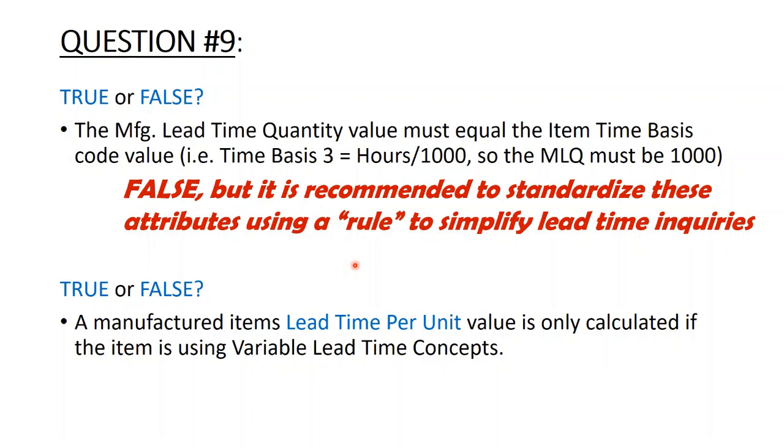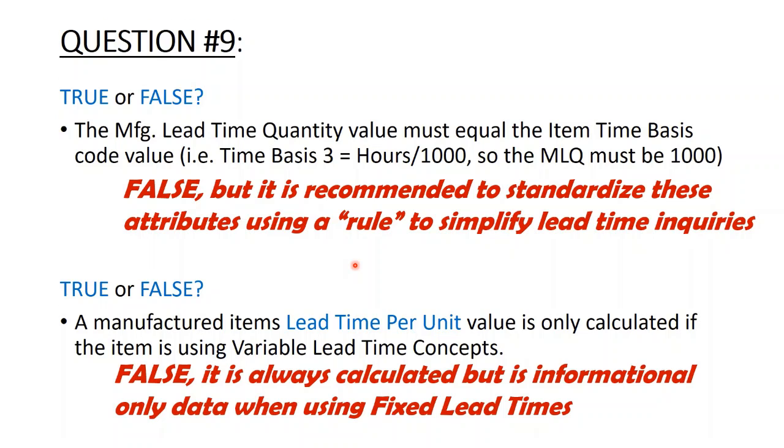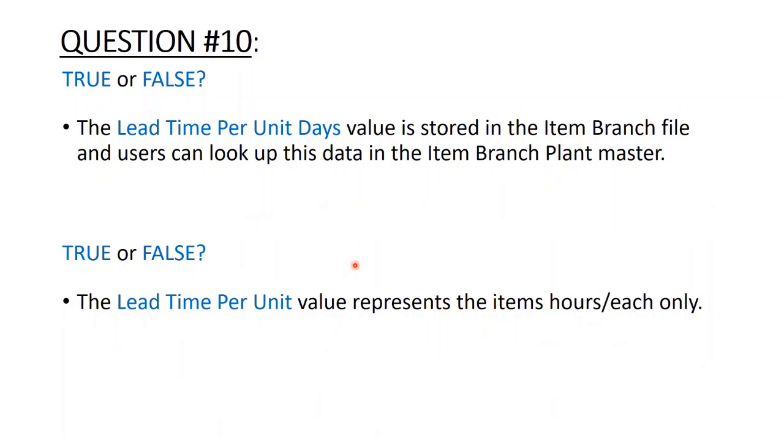True or false? A manufactured item's lead time per unit value is only calculated if the item is using variable lead time concepts. That's false. It is always calculated but is informational only data when using fixed lead times. Next, true or false?